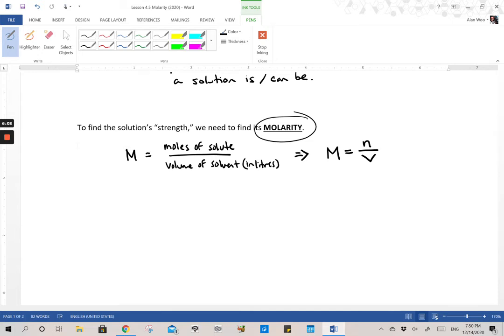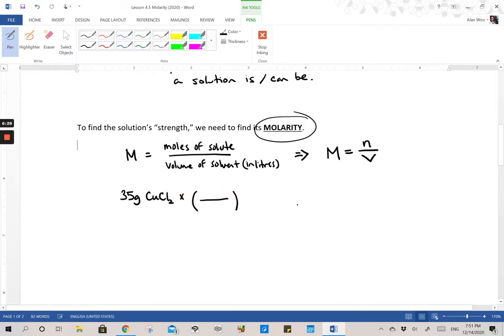So if we take the example that we were given at the beginning, you have 35 grams of copper chloride. 35 grams doesn't tell us much. We have to convert to moles. So let's do that.